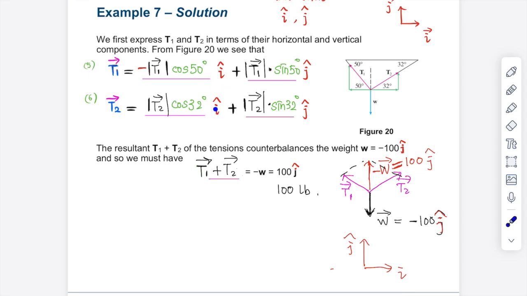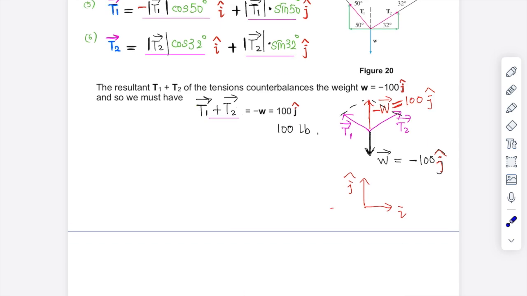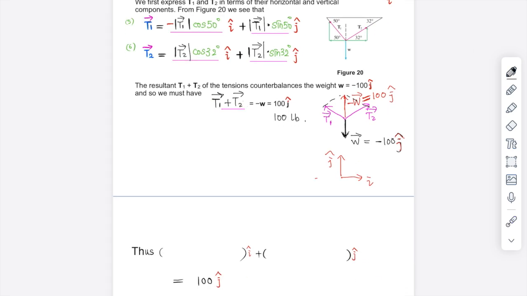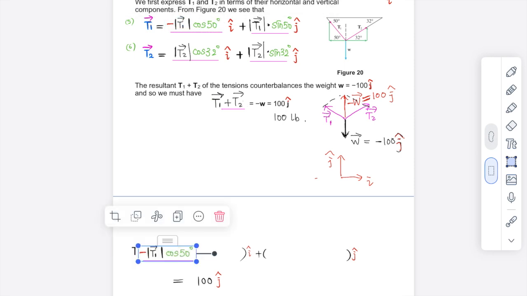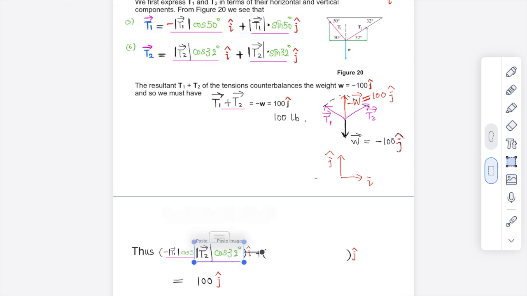Let's add the I components along the horizontal direction. So I'm going to copy this, and that will be the opposite of T1, make it T1 times I. I'd better write a little bit smaller, and you try to write smaller too so you don't run out of space.